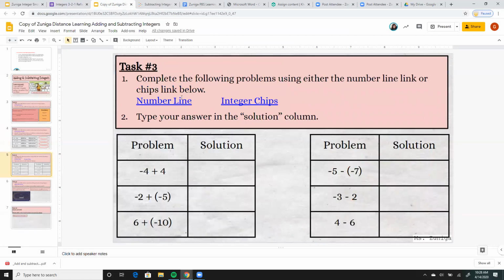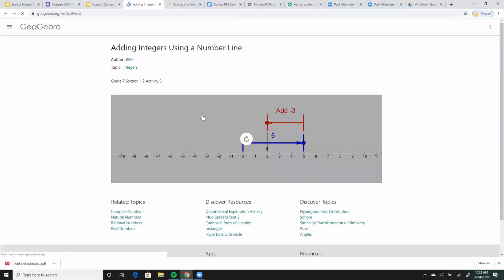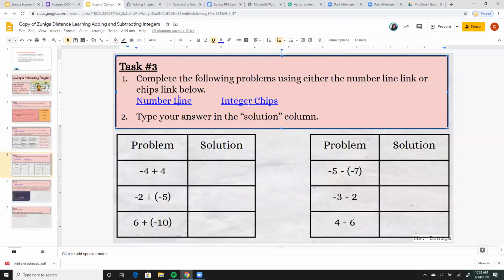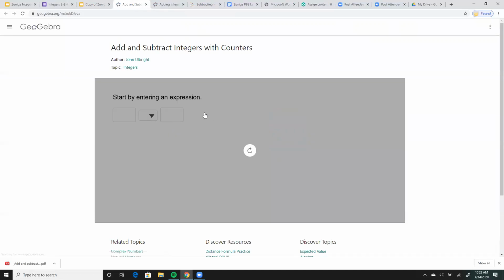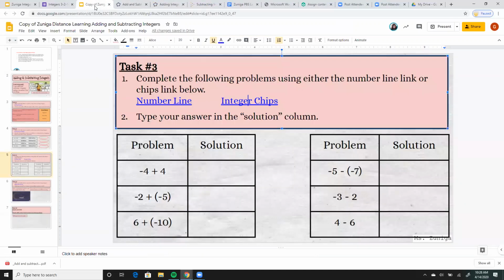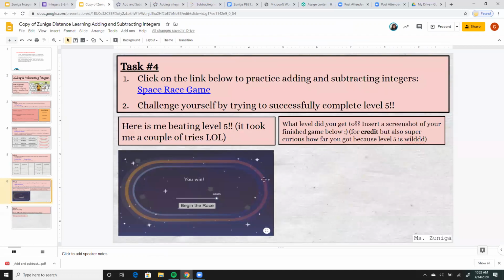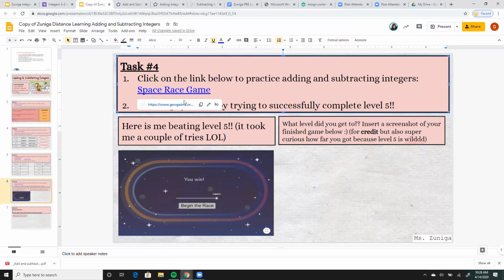These are little links to help you, because I use the counters and the number lines in the videos. If you want to use them here, that works too. Or if you're a superstar and can solve them in your head, you can do that. I just need the solution in here. And then this is really fun. I've played it a couple of times. It's a link to a game.